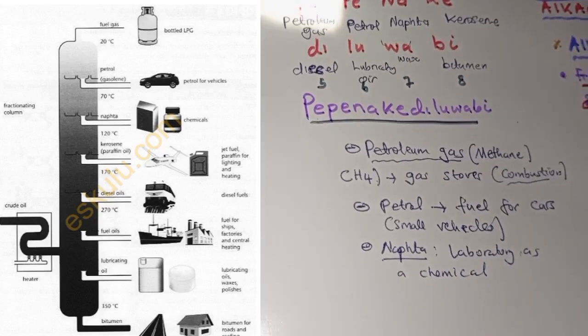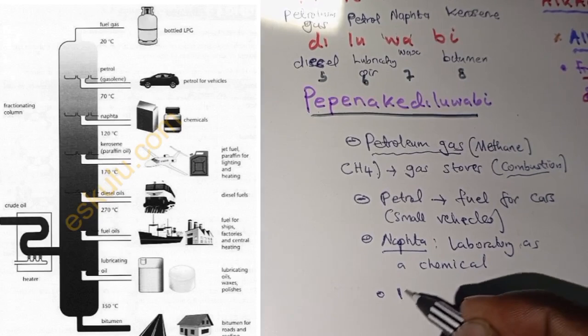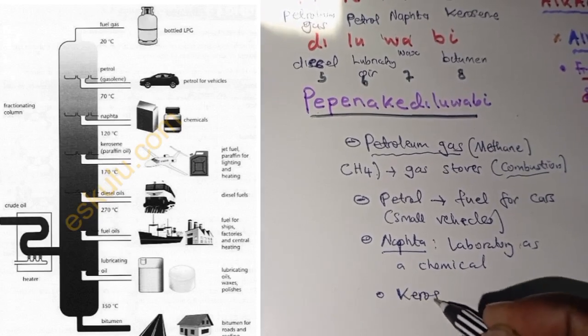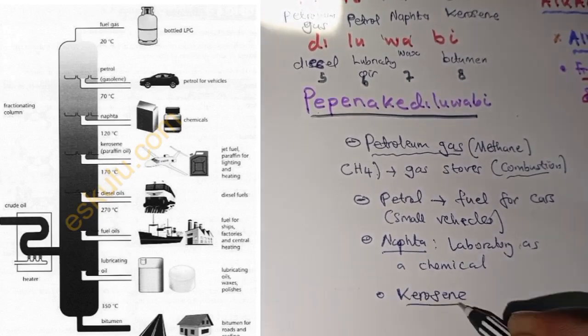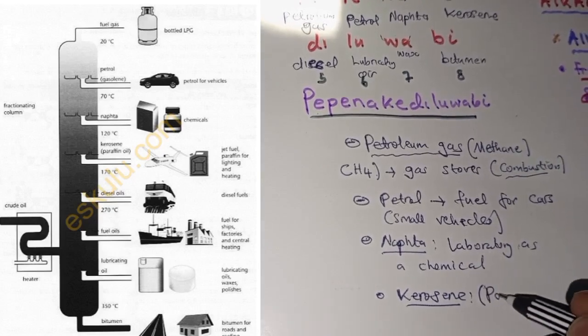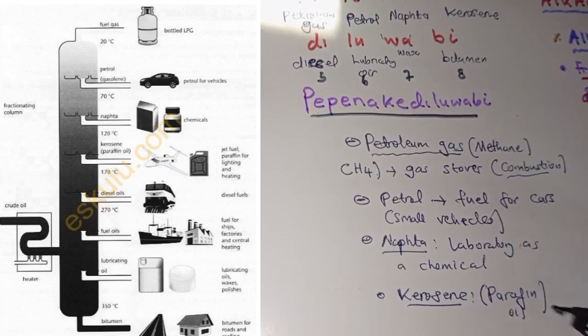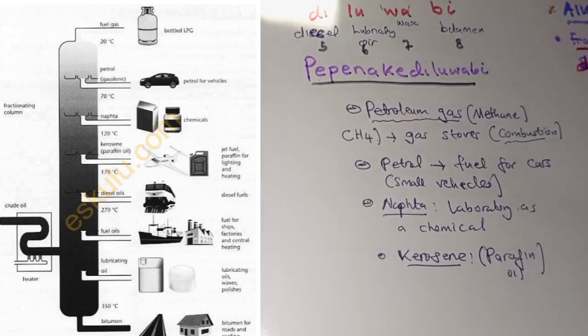There are other uses as well that you need to know. Then now you have kerosene. Kerosene is also known as paraffin. We talk about paraffin oil, that is just kerosene.